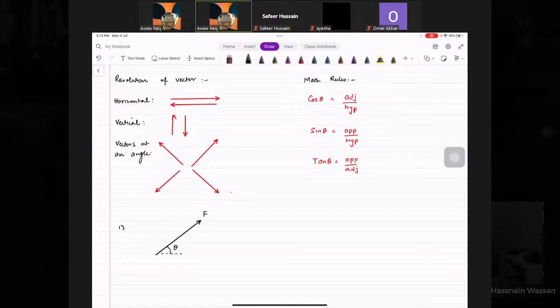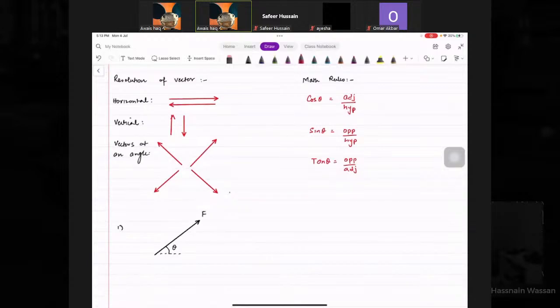What I'm going to tell you now, please make sure that you understand, and if you don't, please ask me again. Any vector can be broken into its horizontal and vertical components.